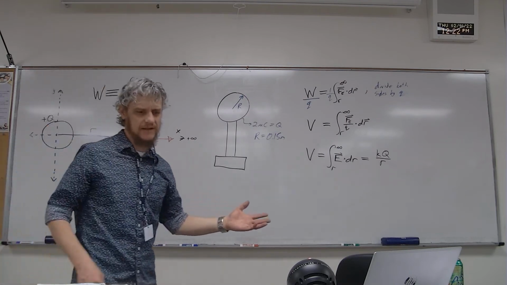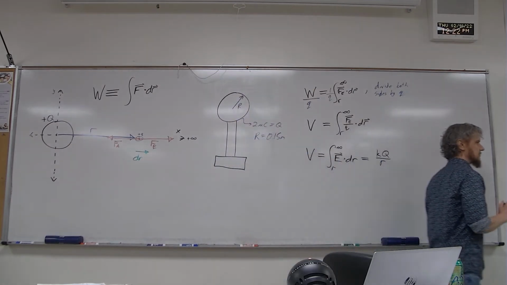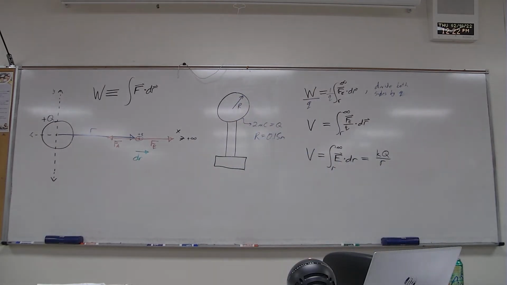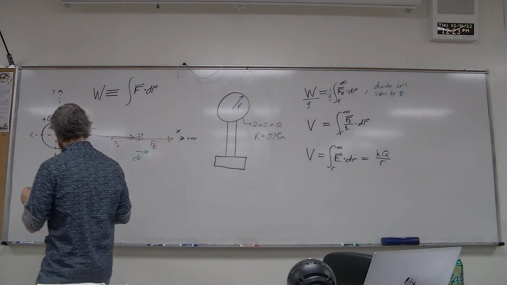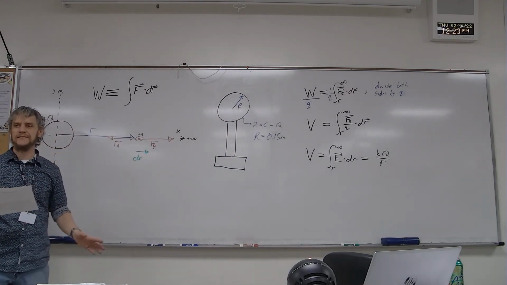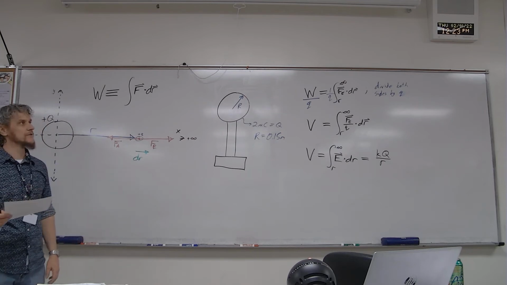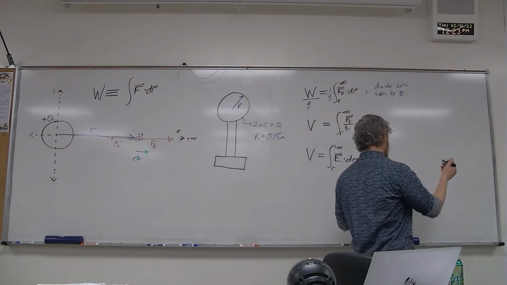On the formula sheet, let's talk about the formula sheet. I know I have one up here, but oh my gosh, that is a mess. And Jacob Casillas has left me one formula sheet. So how is all of this written on the formula sheet? I'm not going to talk about potential difference yet. Usually when we talk about voltage, we're talking about something called potential difference. But these are on the formula sheet.